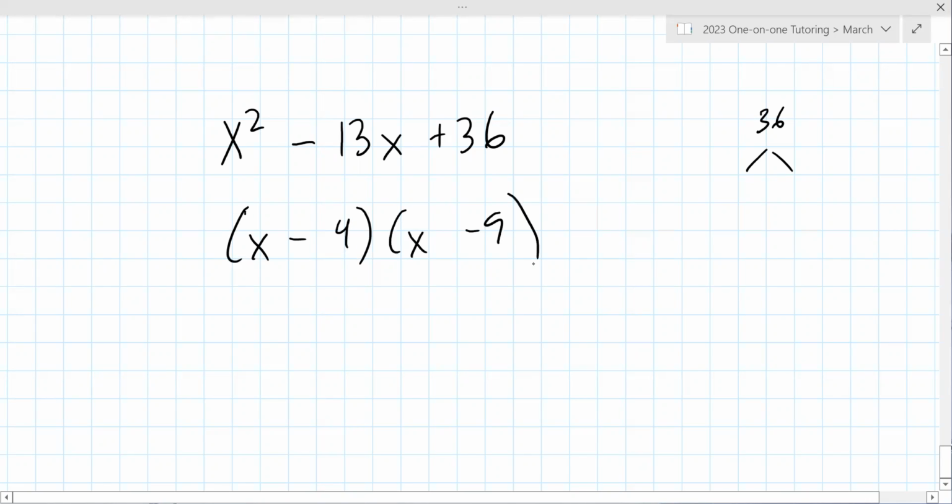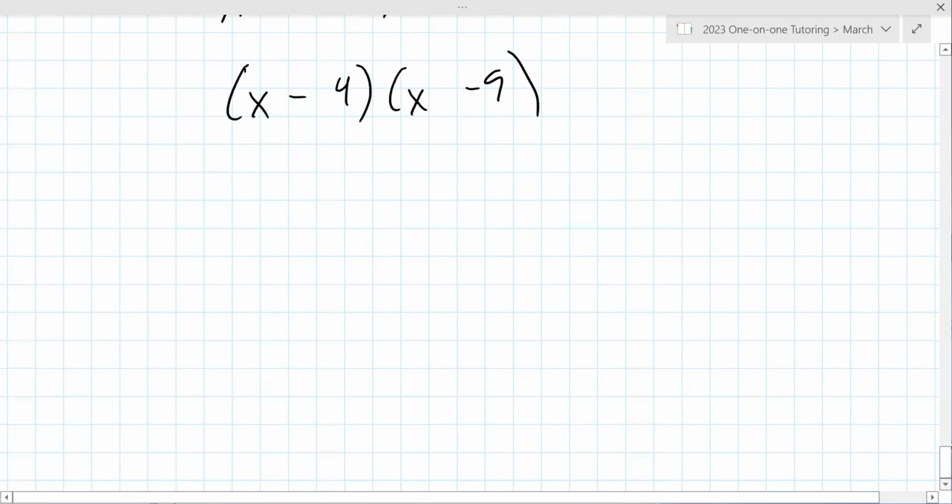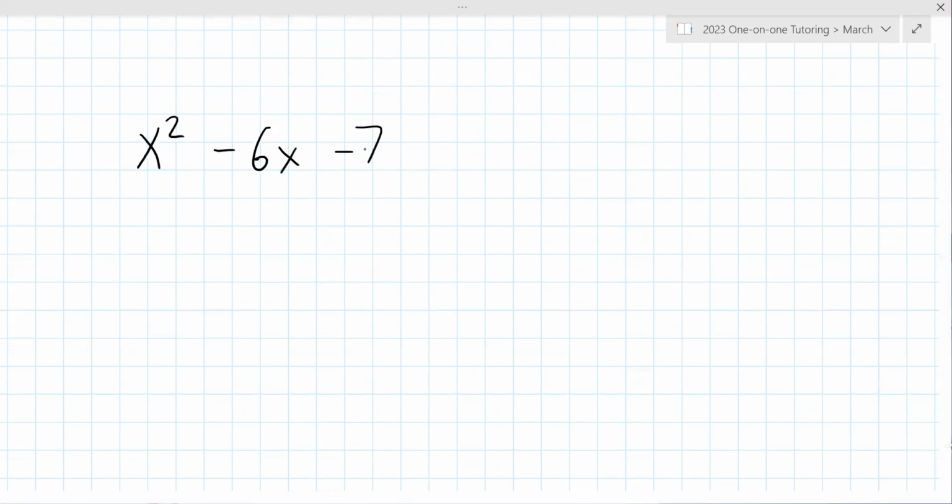And I like the way you said the last kind of case here is where they alternate. That's kind of the most problematic one. For most students, it would be something like x squared minus 6x minus 7. This is where one's positive and one is negative.